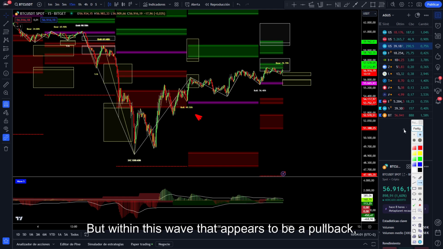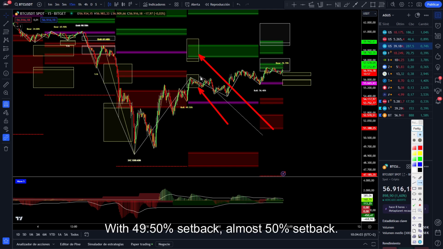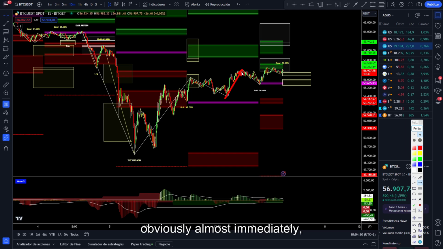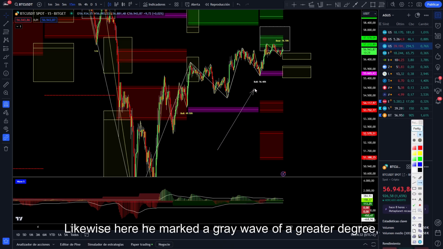But within this wave that appears to be a pullback, we have a lot of lower degree waves. It took this ABC with a 49.50% setback, almost 50%, and it automatically marked this box and this box here. That one has already been met, and the target was met almost immediately, and the second one is still missing, but it is practically about to be met.